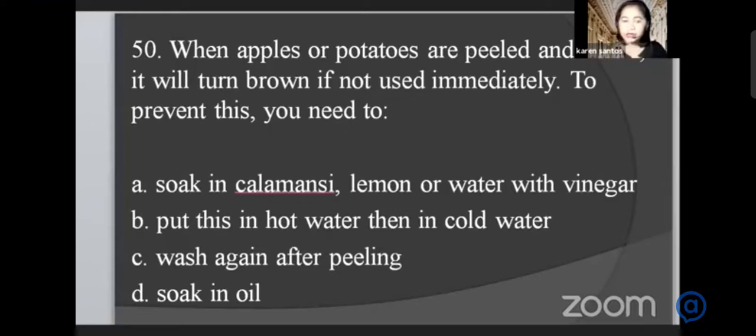So why? Potatoes and apples contain citric acid, so it slows the chemical reaction that causes browning. Once the fruit is cut or sliced, the cells are opened and the enzyme has access to oxygen.